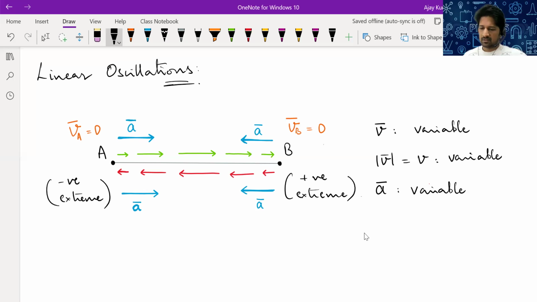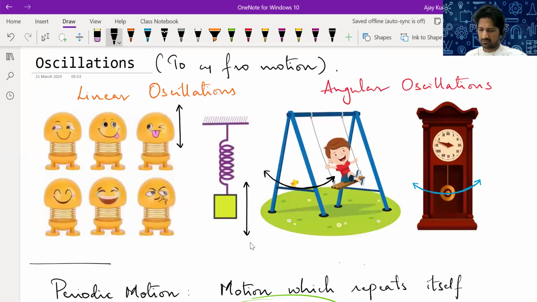Now let's go back to the examples that we have considered. In all these systems, there will be one position of the oscillating object from which, if you release the object, it will not start oscillating. For example, take the swing, or a simple pendulum.